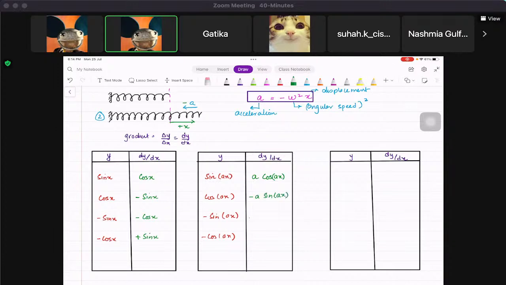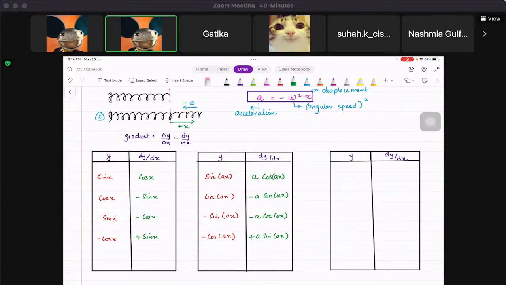Minus sine would be minus a cos of ax, and cos will change the sign, so plus a sine of ax, like this. So it's pretty simple. You just need to multiply the value or the variable that is next to the function outside and keep the rest the same like the previous one.